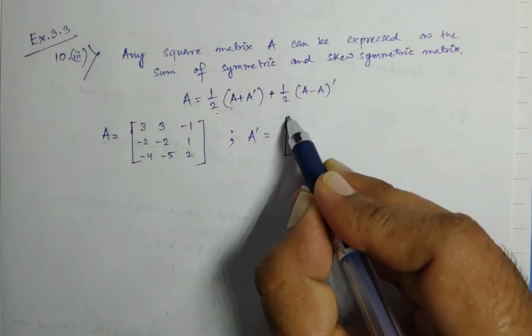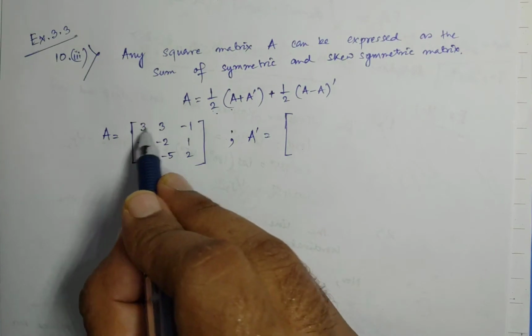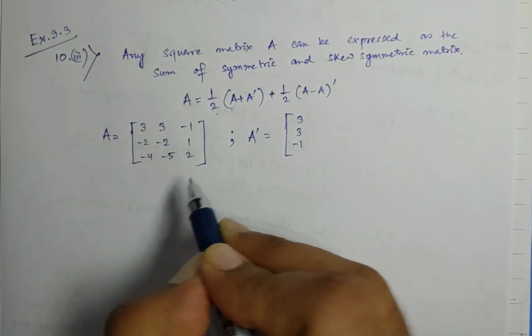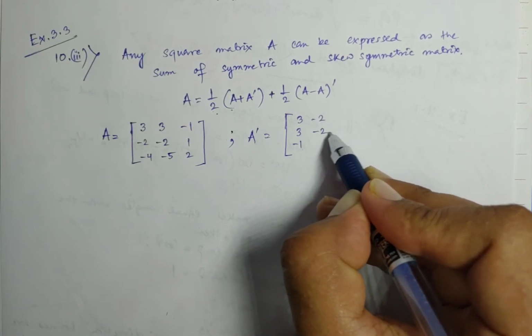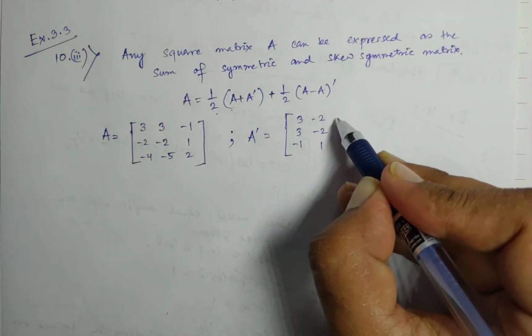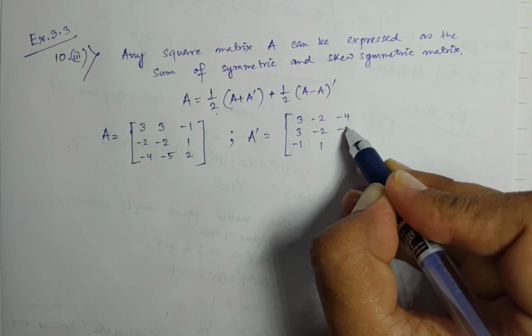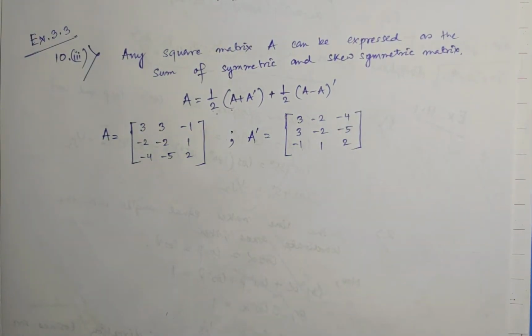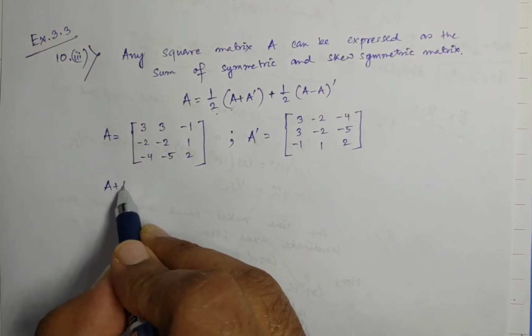A transpose will be equal to: this row becomes a column, 3, 3, minus 1; this row becomes a column, minus 2, minus 2, 1; this third row becomes a column, minus 4, minus 5, 2. Clear?